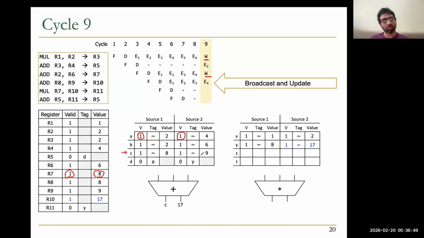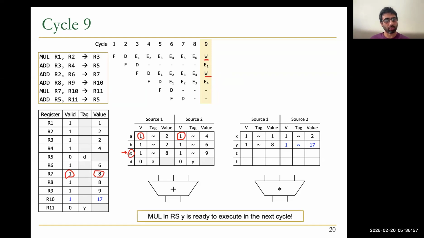So 8 plus 9 will be the result, and the tag will be C. So now C will be broadcasted. Where is it? Okay, C is not used anywhere, right?